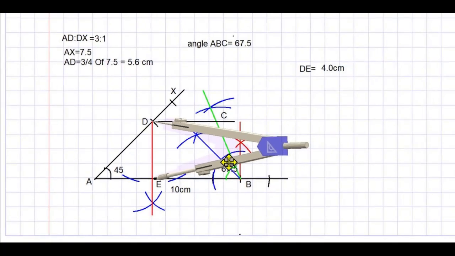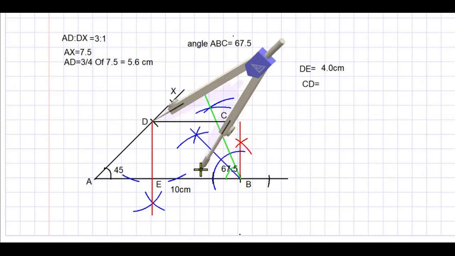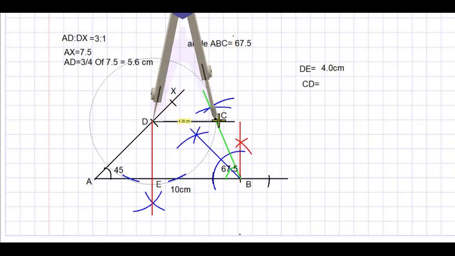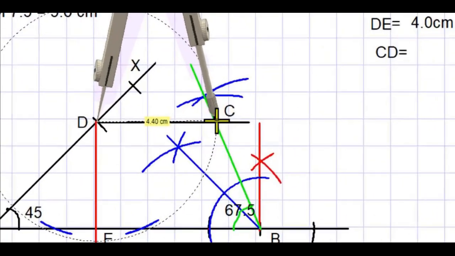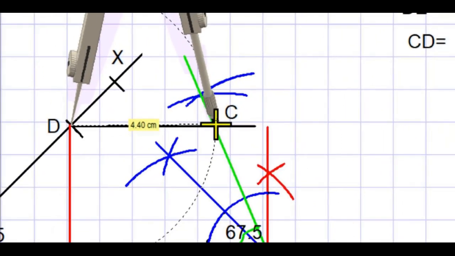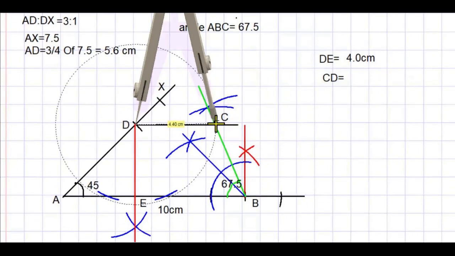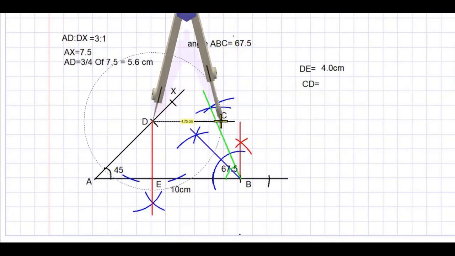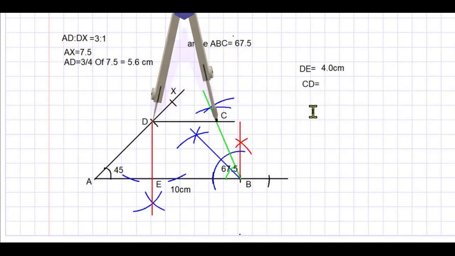That is DE. Then we measure length CD, since it will help us in the calculation of area. So DC or CD will be 4.4 centimeter. So CD is 4.4 centimeter.